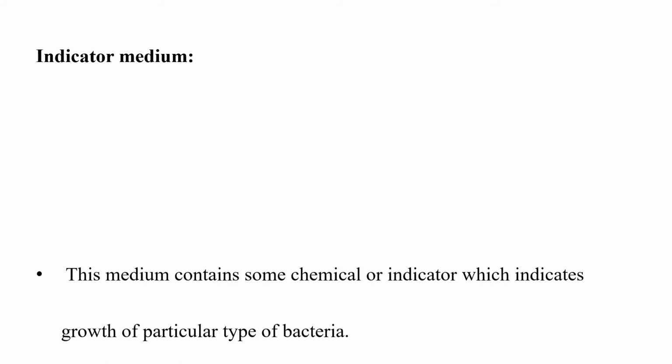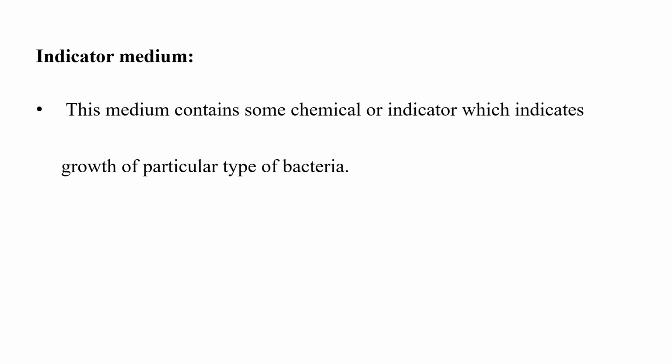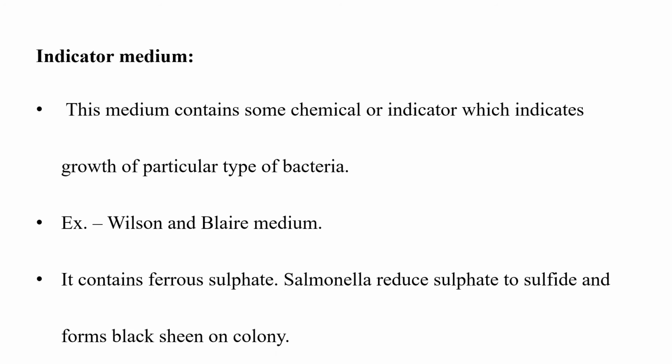Next type of the media are the indicator media. Now, this media will consist of some chemical or indicator, and because of that indicator, we can confirm whether the growth of a particular type of bacteria is taking place or not. Example is the Wilson and Blair medium.